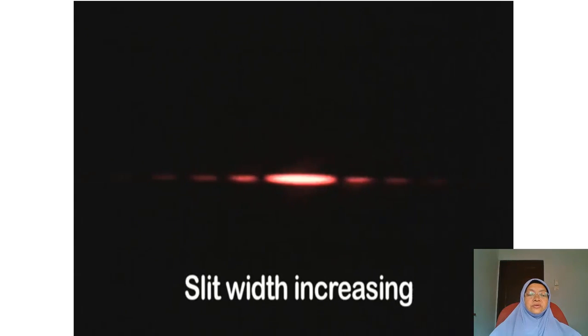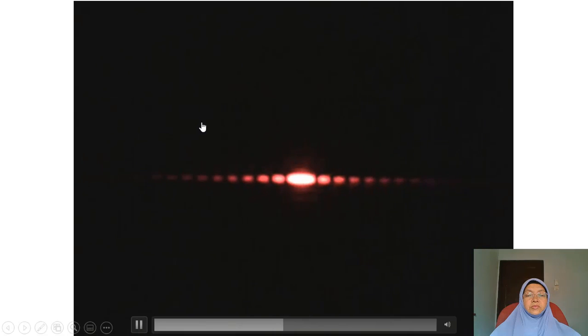We show you more clearly. This is the slit with increasing width. In the middle it is very bright. Now you decrease the size of the slit and see what is happening.